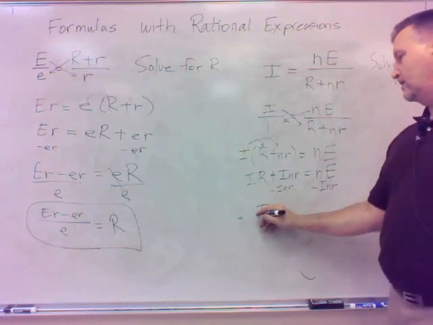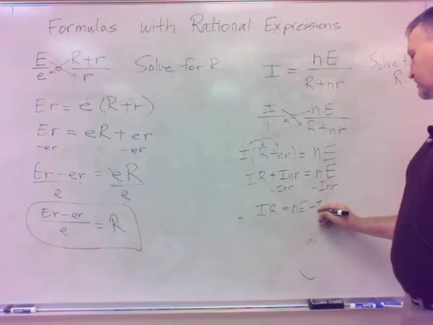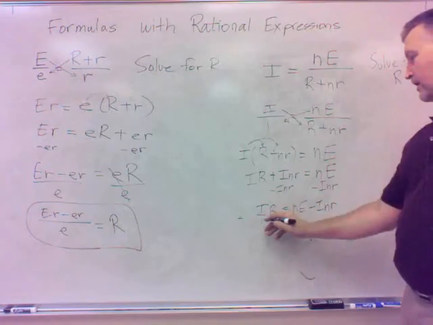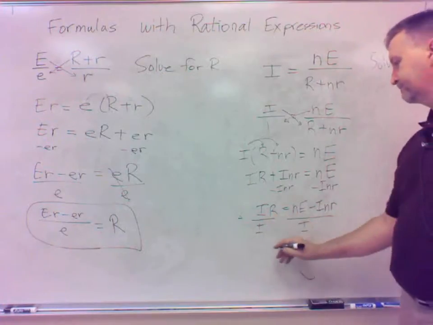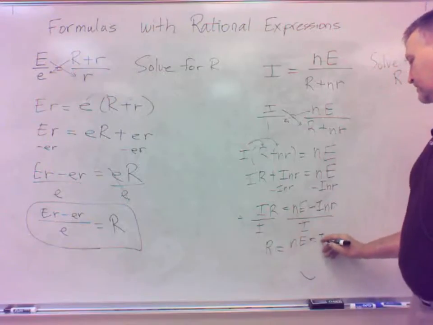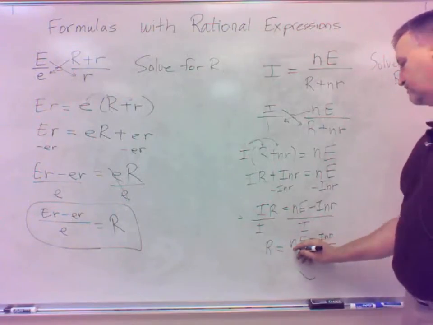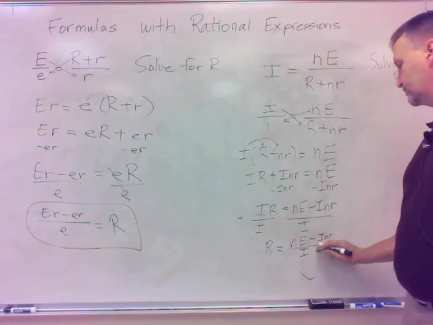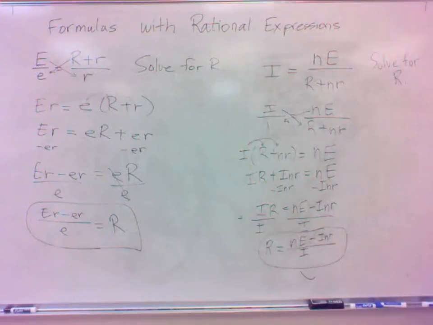And so IR equals NE minus I N R. All I have to do then is divide off the I. All right, NE minus I N R divided by I. That's what I'm looking for there. Okay? All right.